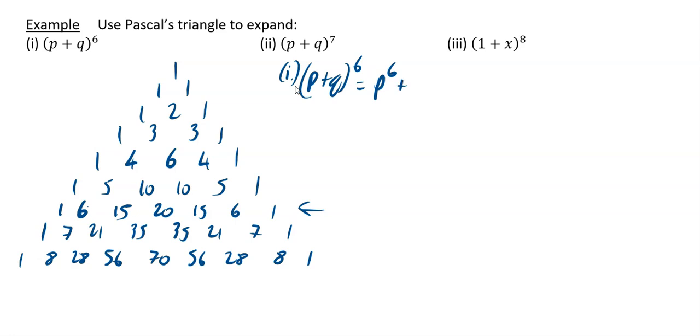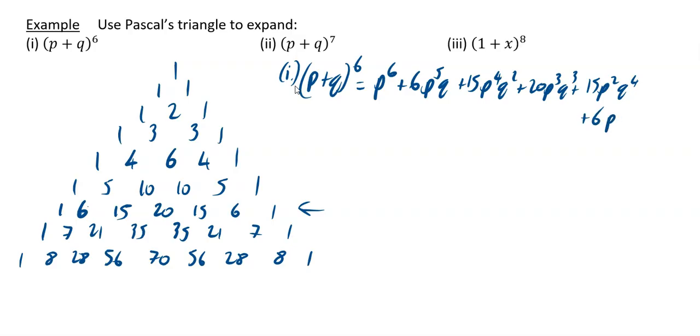Next coefficient is 6, so that's 6 p to the power of 5 q. Next one is 15, so that's 15 p to the power of 4 q squared. Next one is 20, so that's 20 p cubed q cubed, plus 15 p squared q to the 4, plus 6 p times q to the power of 5, plus q to the power of 6.